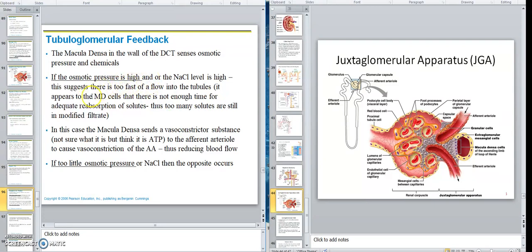It appears to the macula densa there is not enough time for adequate reabsorption of solutes. Thus, there are too many solutes in the modified filtrate. In this case, the macula densa sends that vasoconstrictor substance, which we think is ATP, to the afferent arteriole to cause vasoconstriction, thus reducing GFR. If too little pressure, then the opposite occurs. Okay?